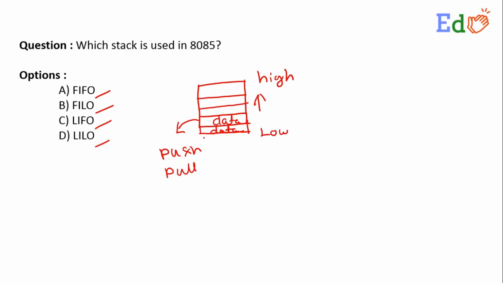When we push, the memory size will be incrementing and data will be inserted, and whenever we have a pull, the last data will be discarded. So obviously it is working as a LIFO, that means last in, first out. So the answer is C, LIFO, last in, first out.